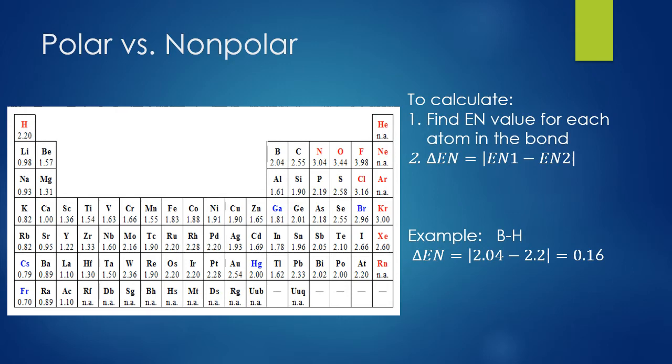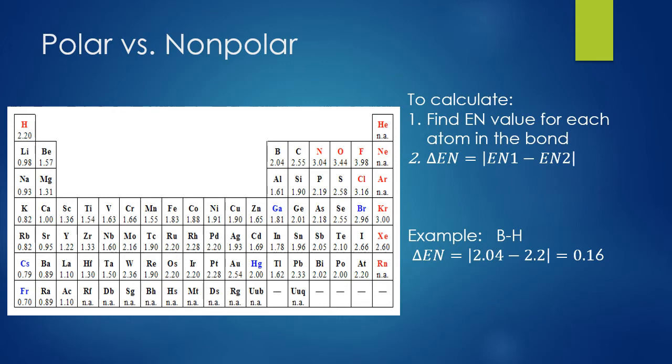You can see it looks like a normal periodic table with the element symbols. However, underneath each element symbol are numbers that are not the mass number. What these numbers are is the electronegativities of each element on the periodic table. So we're going to use these to try to figure out whether a compound is polar or nonpolar.